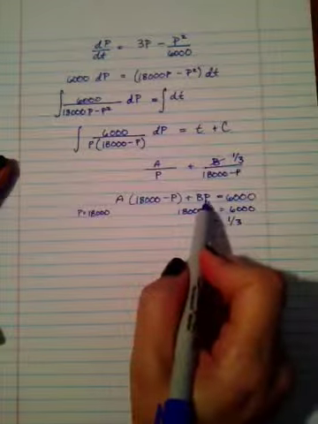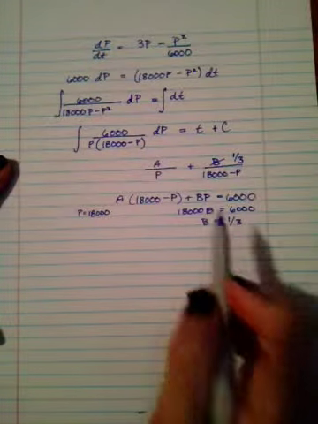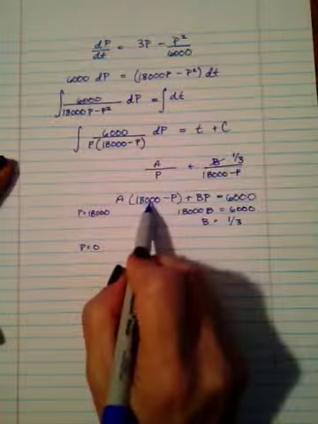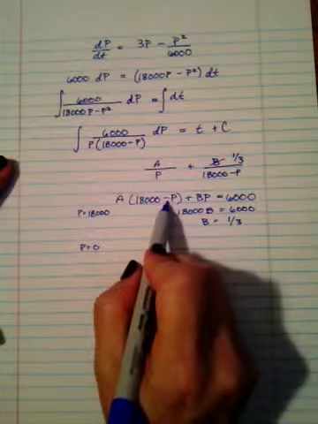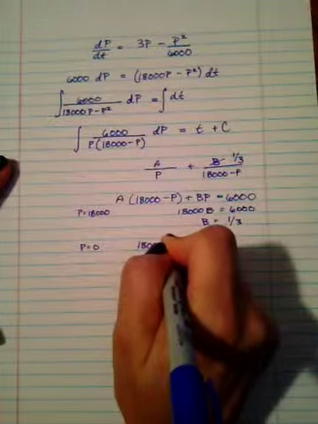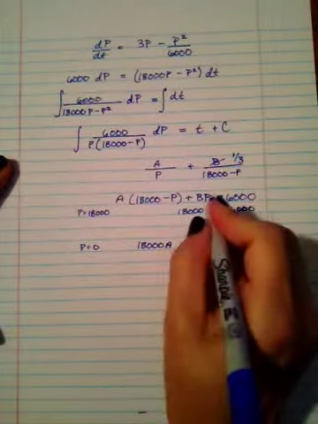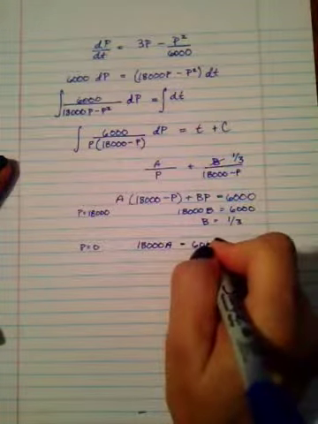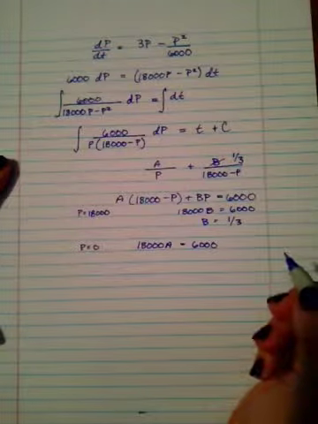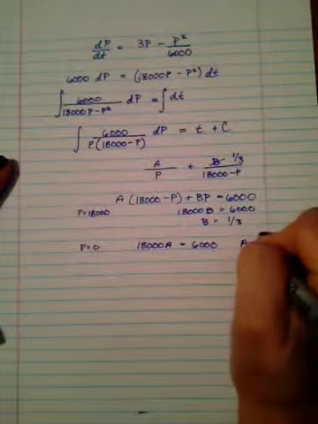The next value I'd pick is 0, because that will make this term go to 0, so p equals 0. And that means I have 18,000 minus 0, which is 18,000 times a, equals 6,000. So divide both sides by 18,000, and a also equals 1/3.